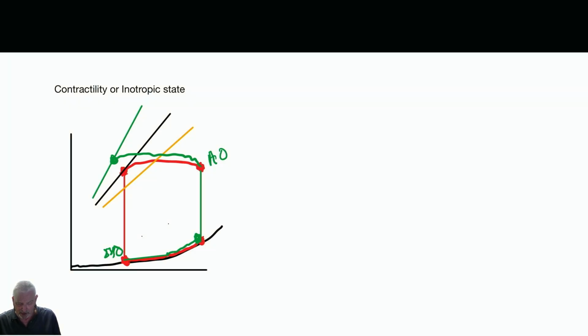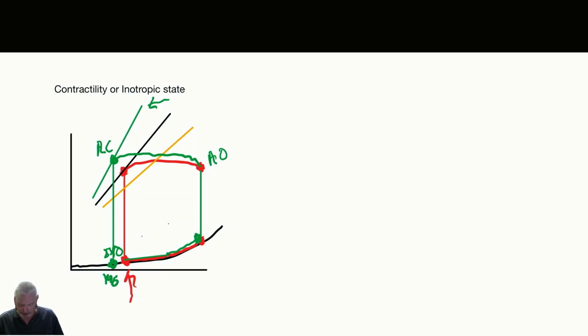And what you'll remember is that the slope of the end systolic pressure volume line is steeper if the contractility is up. So if we have an increase in contractility, we'll go over to the green line rather than the black line before we isovolumically relax. And then once again, aortic valve closure here and mitral valve opening here rather than where it opened before.